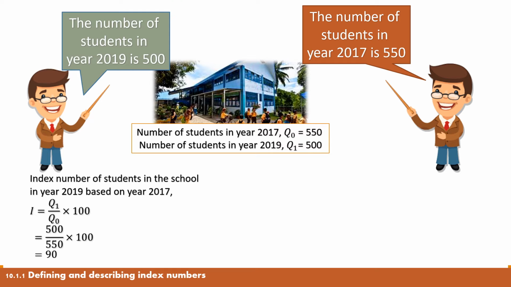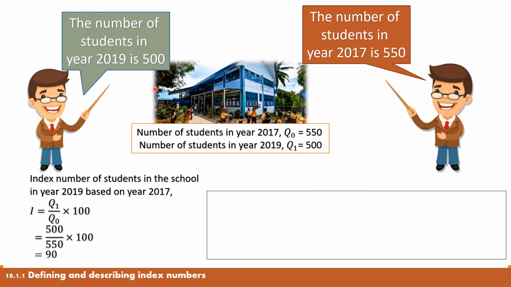Looking at the dialogue here, it shows that the number of students actually decreased by 50 students from year 2017 to year 2019. Therefore, the index number or price index is less than 100 if it shows a decrement in the quantity or price of a certain item when we compare within certain years.